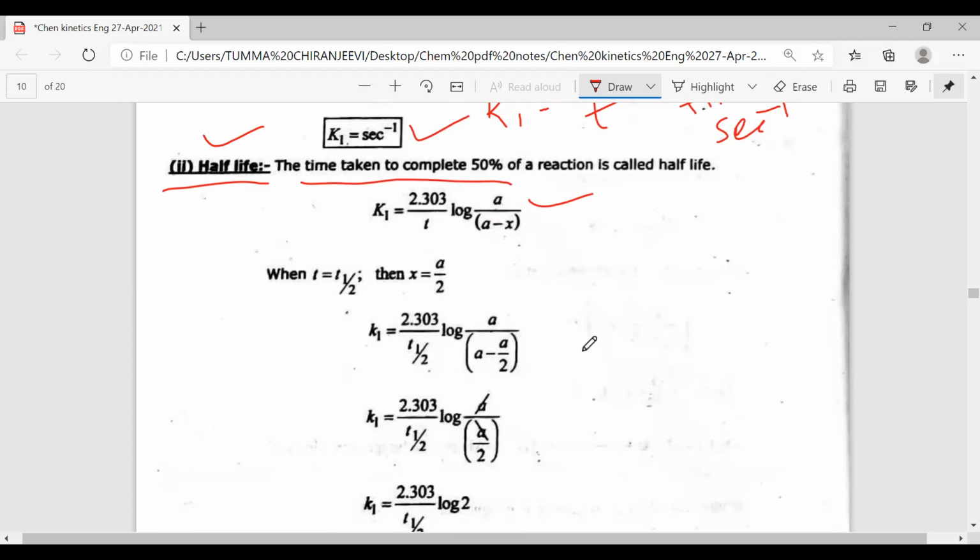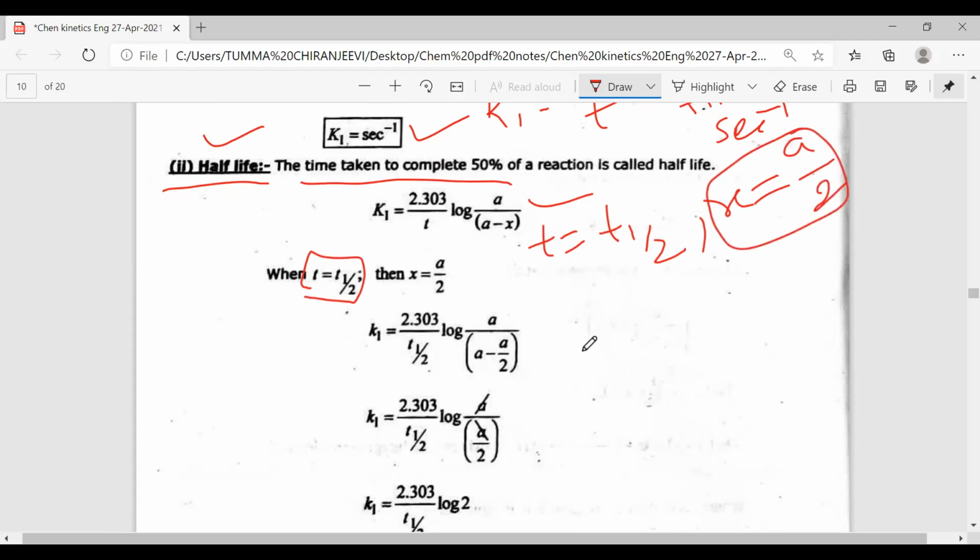So t becomes t half. What about the concentration? Here also 50% of the reactants must be converted to products. So what is the concentration of x? 50% of initial a, that is a by 2. So substitute t is equal to t half and x is equal to a by 2 in this equation.